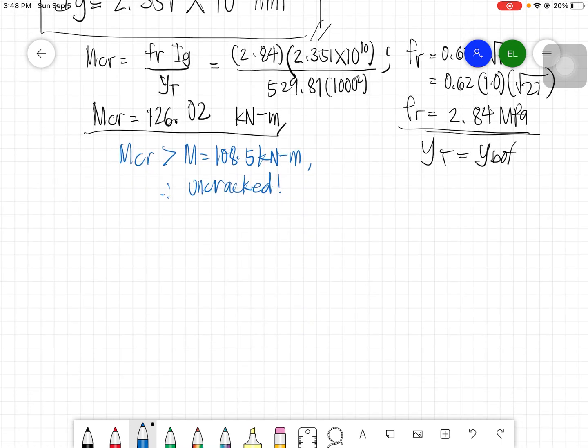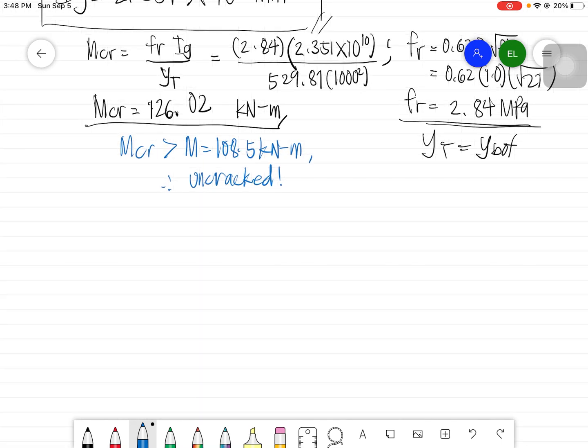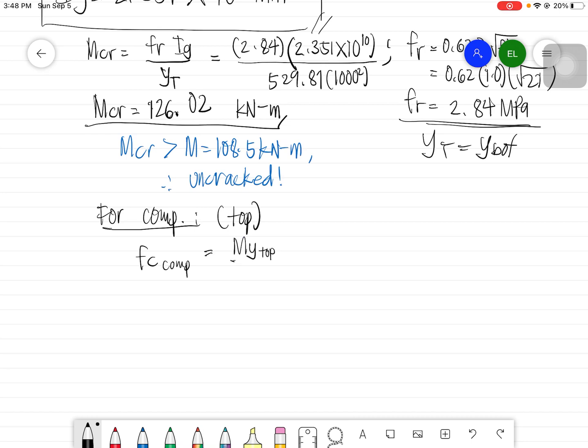So this is not the final solution for letter A, since we are tasked to get the stress at the extreme fibers. Okay, so this is for compression, specifically at the top. So fc compression is equal to M y top over Ig. We're using the y top here, guys, because we'll be getting the stress at the compression side.